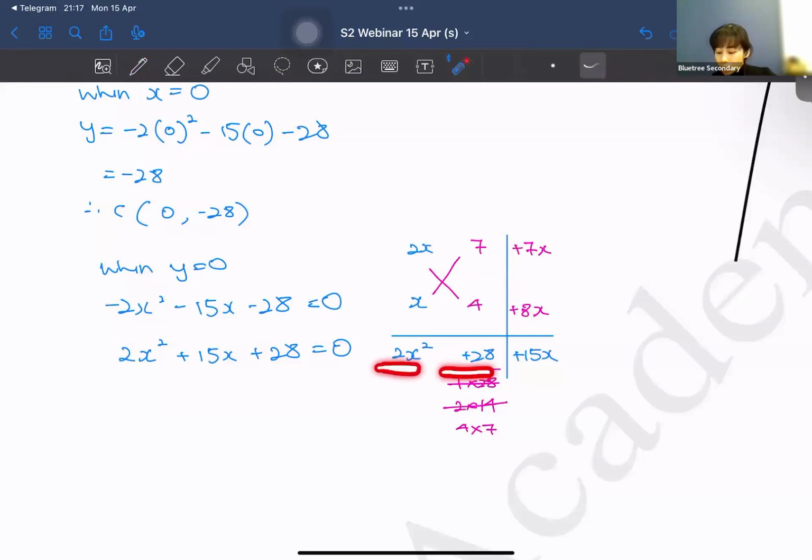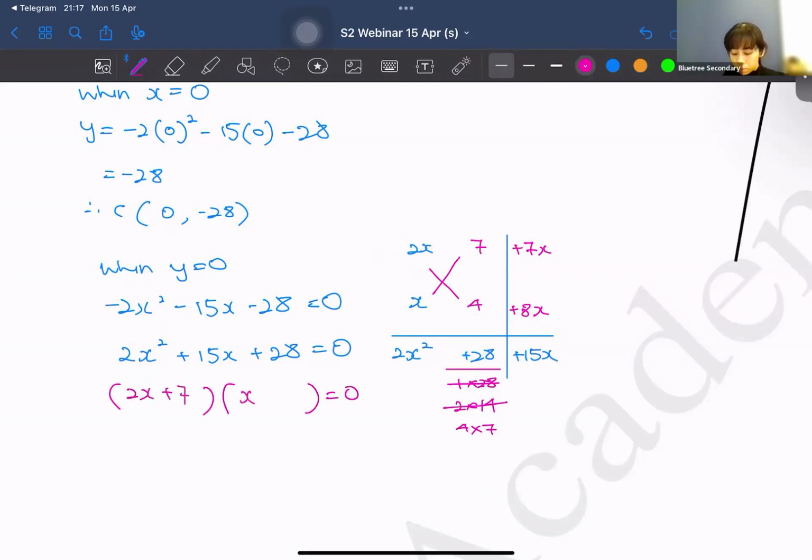My quadratic and my constant terms earlier on are both positive. So everything here is positive, all checks out. That means to say my two factors are going to be 2x plus 7 and x plus 4. So to solve for x, equate each factor to 0.